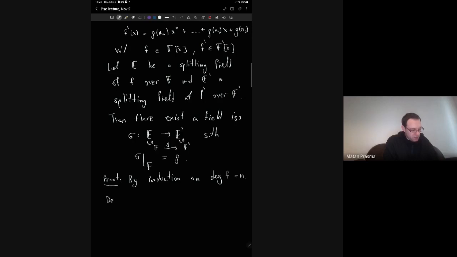Note, this is an abuse of notation, but it's very natural to do. Rho from F[x] to F prime[x].